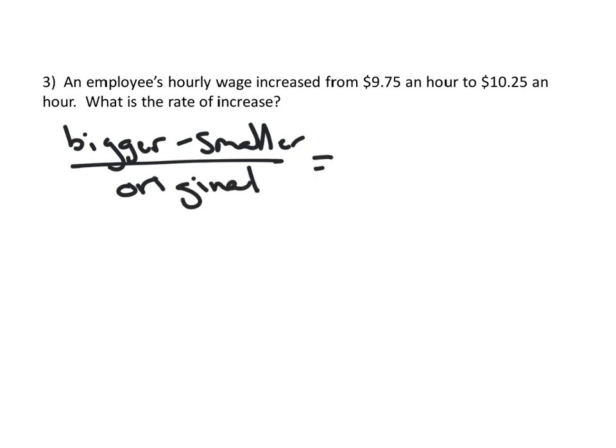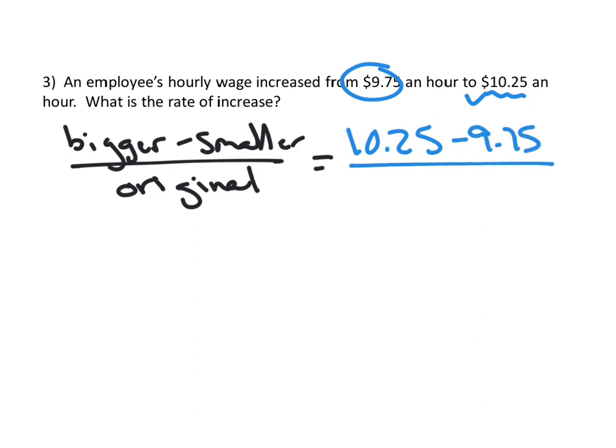So in this example, we're talking about how much this person makes. So they did make $9.75 an hour. Now they're making $10.25 an hour. So we're going to take $10.25 and subtract $9.75 and divide by the original. Well, the original wage was $9.75 an hour, so that's what we're dividing by. So $10.25 minus $9.75, that's a 50-cent increase.